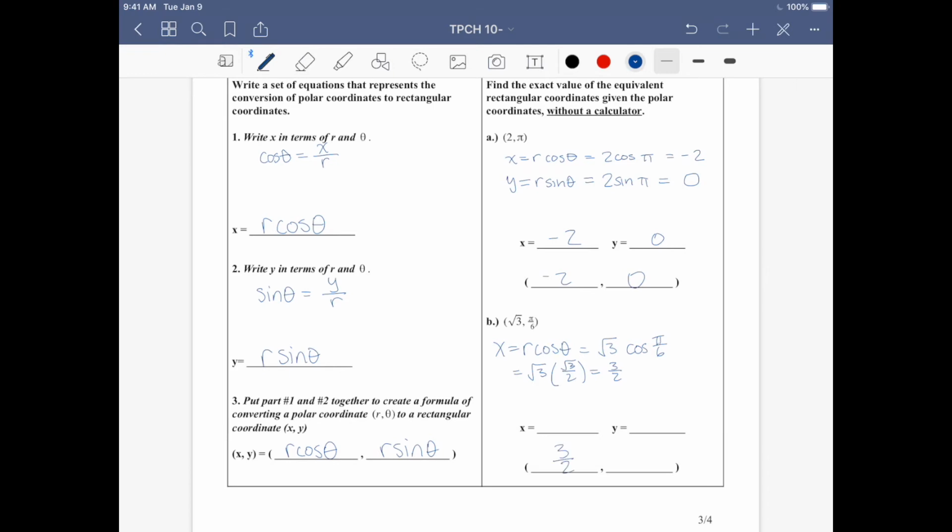And so I'm just going to write it here because I realize I don't really need that line there. Y is r sine of theta. So this is root 3 times sine of pi over 6. Well, sine of pi over 6 is 1/2, so this is going to end up being root 3 over 2, and this is the equivalent in rectangular coordinates.